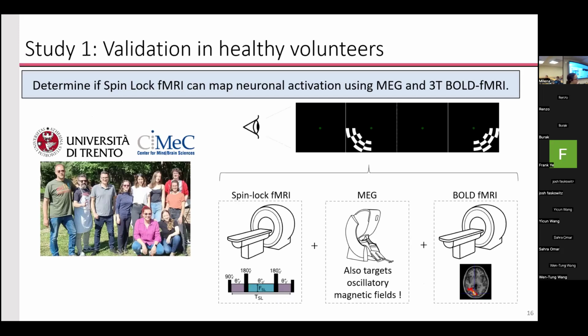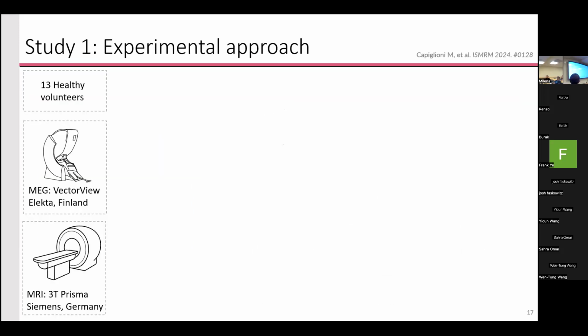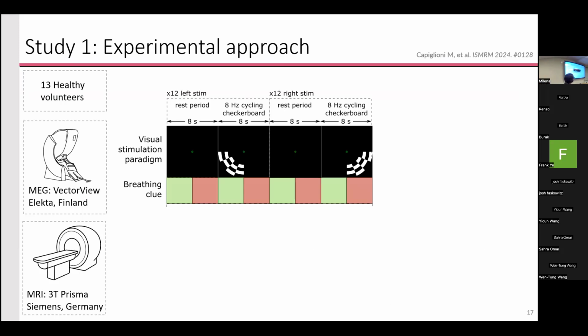So here we used a very simple stimulation paradigm with a block design with a flashing checkerboard, and we measured with the most optimal spin lock fMRI version so far, and MEG, and also Volt. We measured 13 healthy volunteers, and the stimulation was a flashing checkerboard at 8 Hertz that showed only 1 quadrant of the image, alternated with resting periods of 8 seconds.